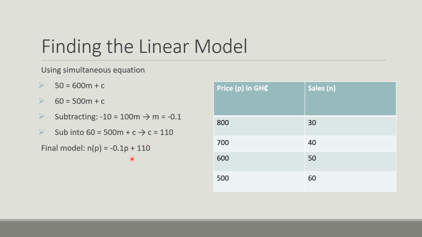It means that the maximum sales we can get up to is 110, because if the price becomes 0, the amount will be negative 0.1 times 0, then we are left with 110.